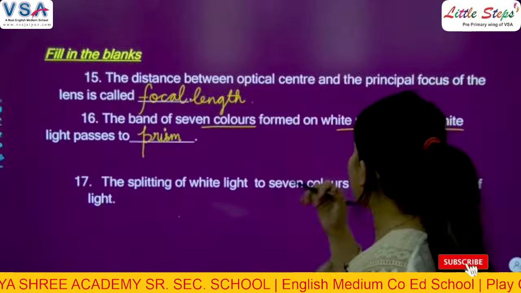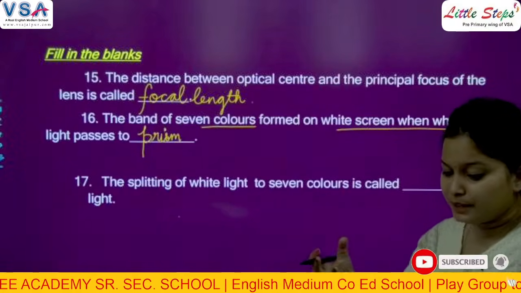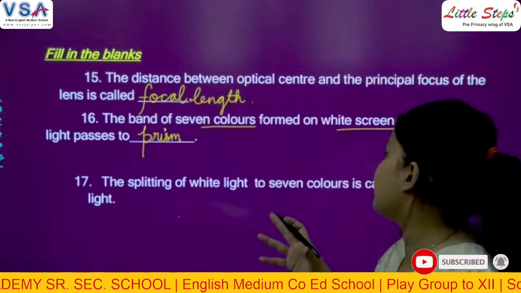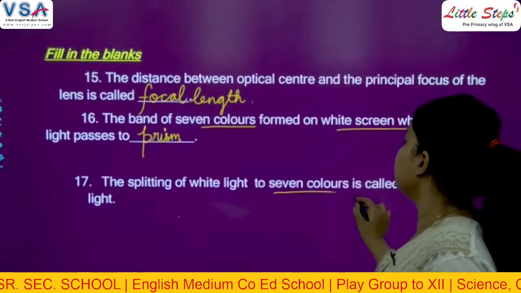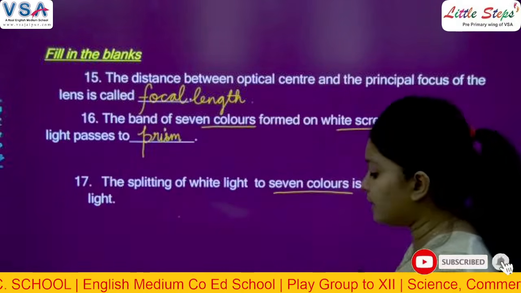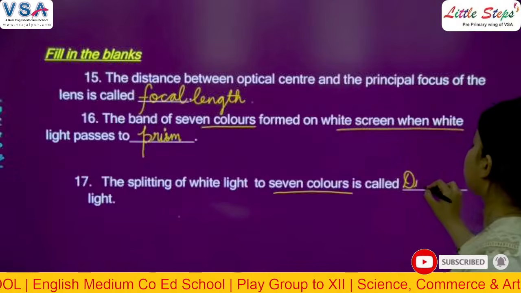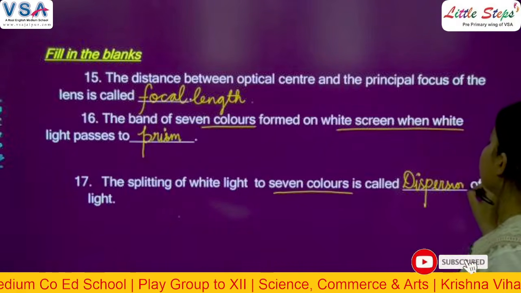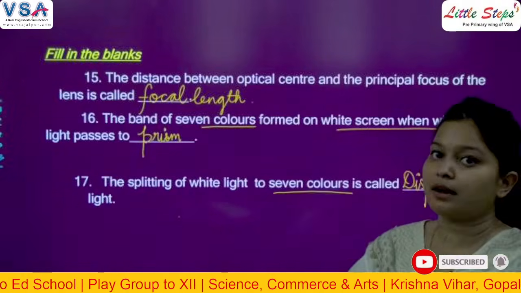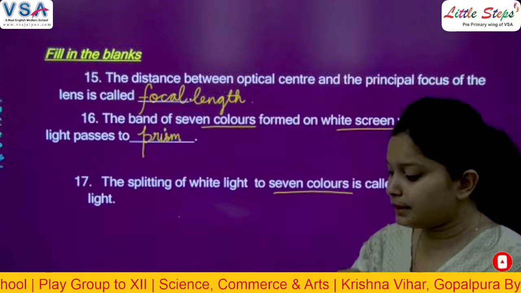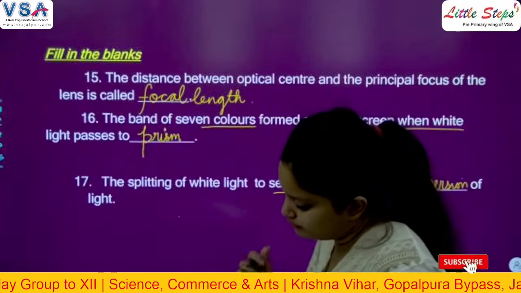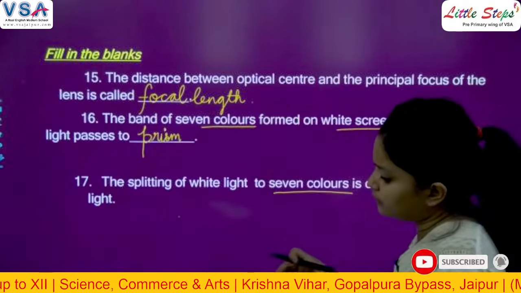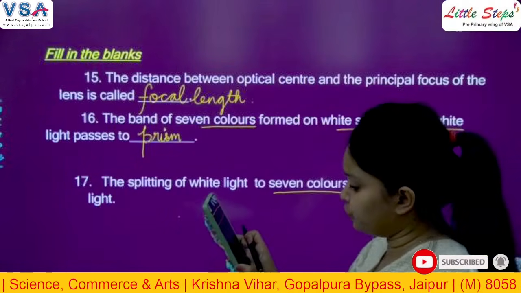Remember that question: when we disperse it, distributing it into 7 colors, we are dividing it, that is known as dispersion of light. If it is vice versa, if the 7 colors make one light, then it is supposed to be known as spectrum of light. Yes Aditya, correct one. Jaideep, correct one.